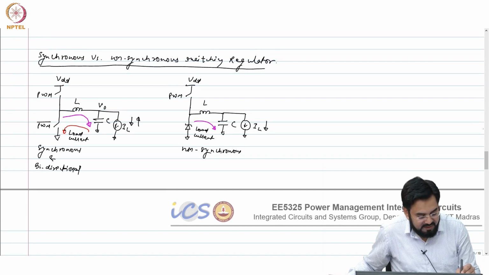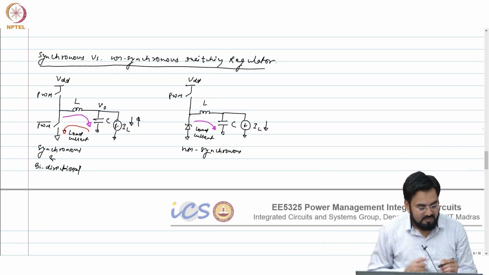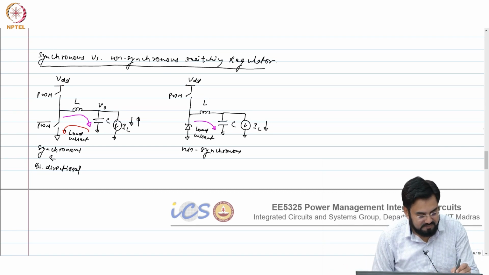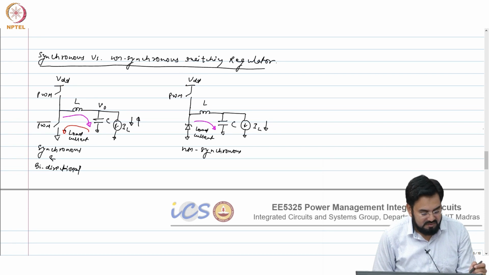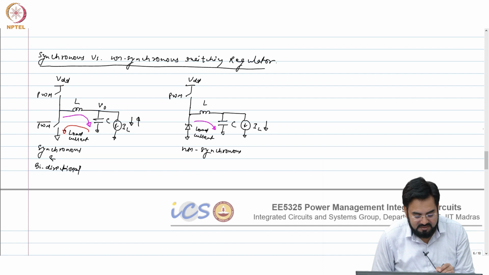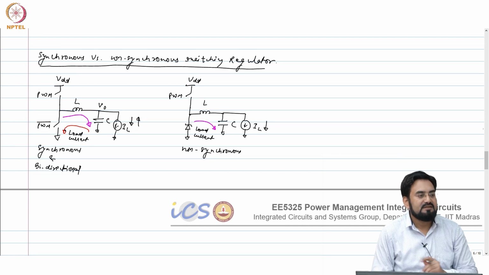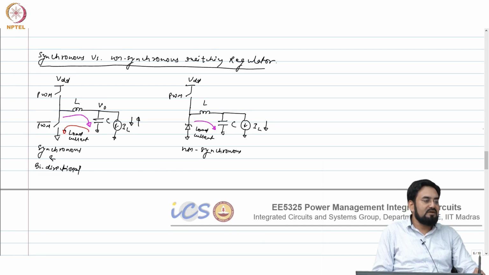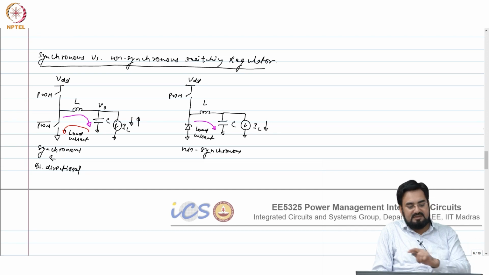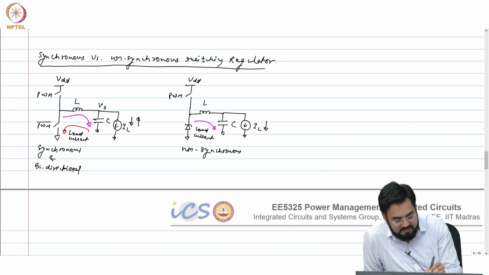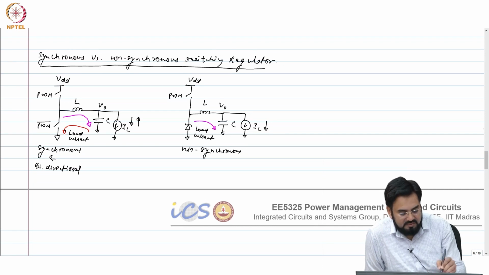So, in case of non-synchronous, when the inductor current goes negative, the diode will not conduct. Negative means from output to ground, so reverse.